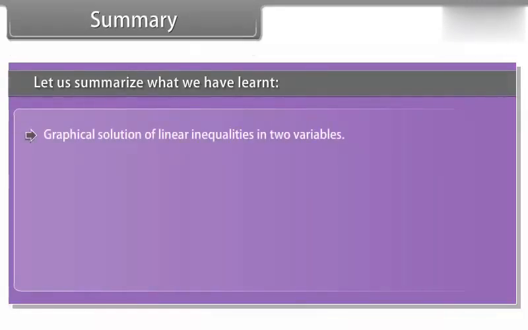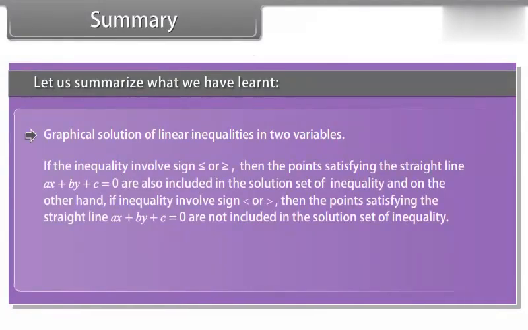Graphical solution of linear inequalities in two variables. If the inequality involves the sign less than or equal or greater than or equal, then the points satisfying the straight line ax plus by plus c is equal to 0 are also included in the solution set of the inequality.